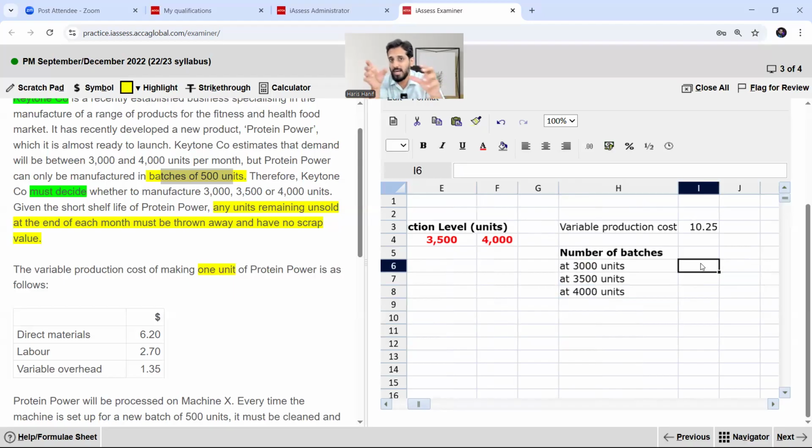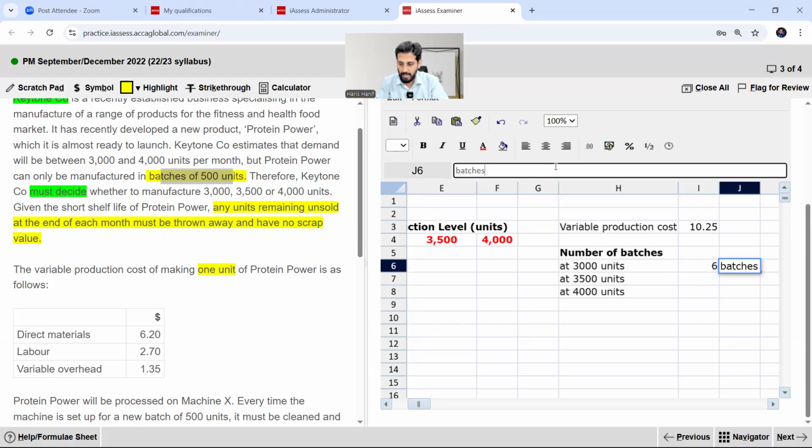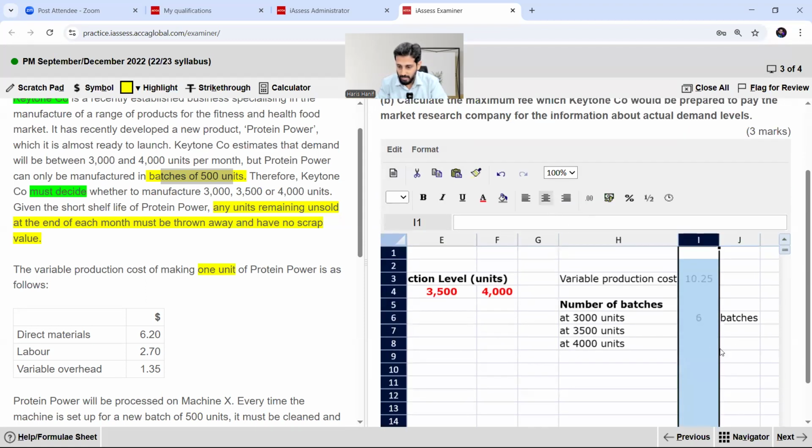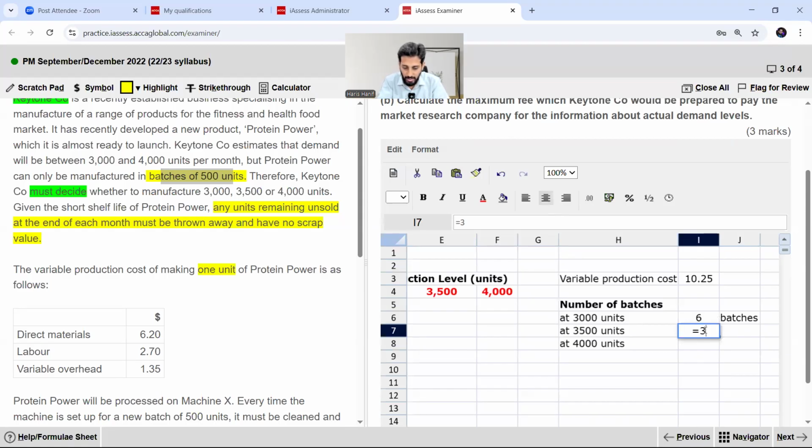So how many batches are there? How do you calculate this? 3000 divided by 500. That means 6 batches, right? Here 3500 divided by 500.